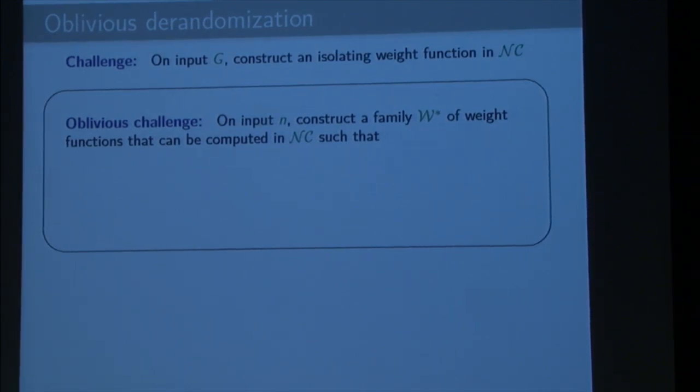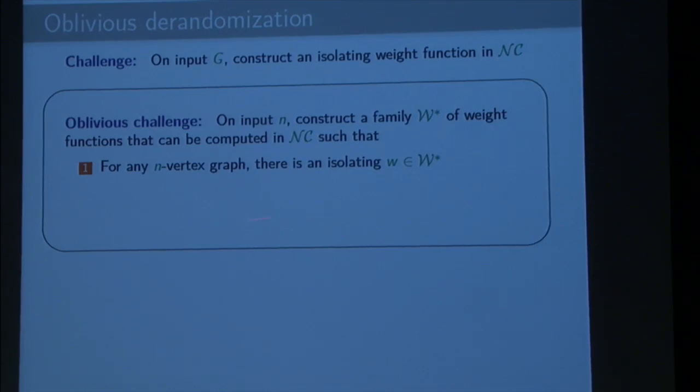And this family should satisfy that for any graph on n vertices, there is an isolating weight function in this family. So instead of saying on input G construct a weight function, you just tell me the size of the graph, and I construct a family of weight functions so that when you give me a graph, one of them is isolating.